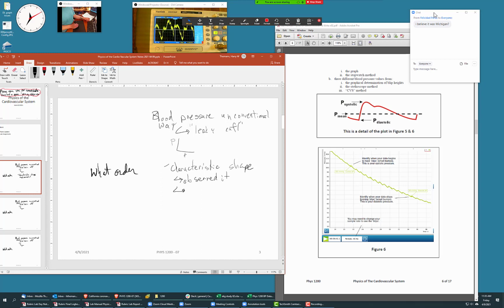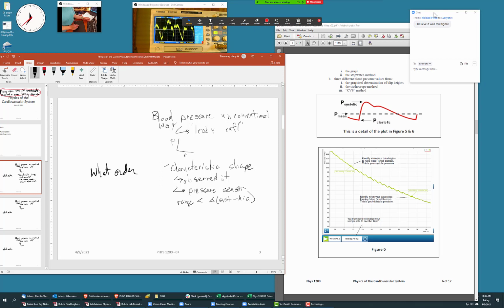But our pressure sensor range is less than the difference, the delta of the systolic and diastolic.